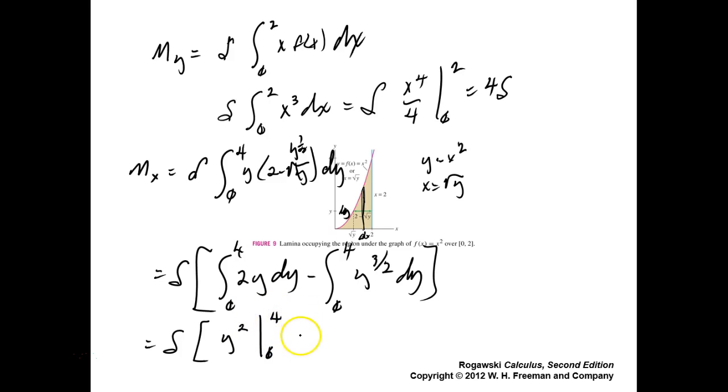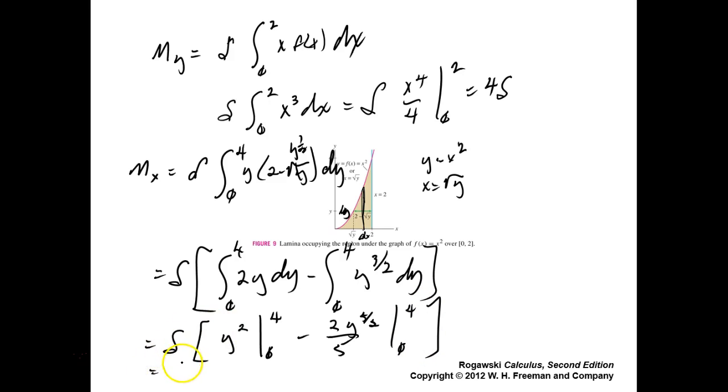That's going to be pretty easy to do. Minus, and what will this one be? A little messier, but still okay. It's 2/5 y to the 5/2, right? Evaluated 0 to 4. It looks like it'll be sort of bad, but it's not too bad.